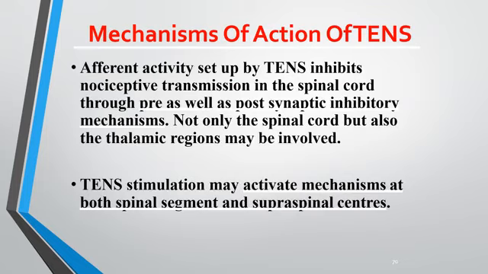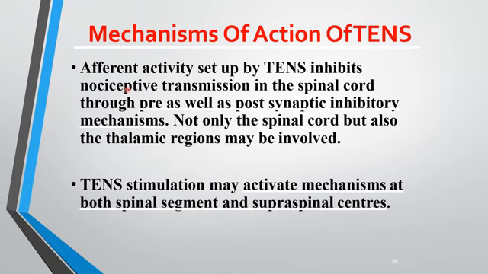Now we will see the mechanism of action of TENS, that is transcutaneous electric nerve stimulation. The afferent activity set up by transcutaneous electric nerve stimulation inhibits nociceptive transmission in the spinal cord through pre- and post-synaptic inhibitory mechanisms. Not only the spinal cord but also the thalamic regions may be involved.